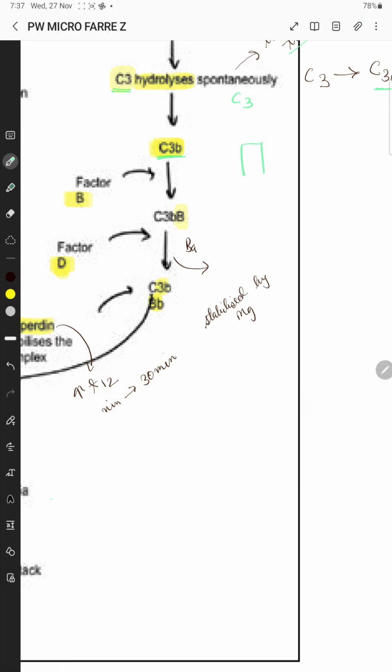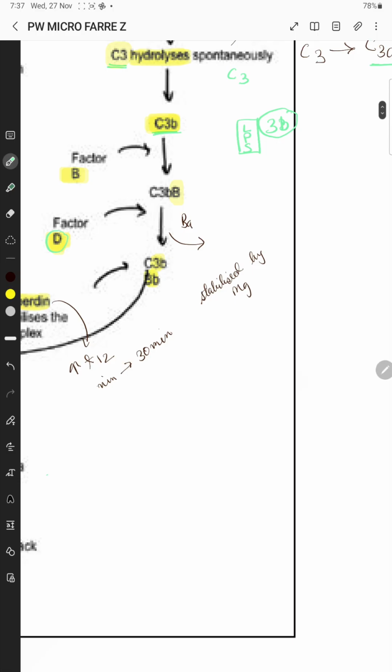So suppose the trigger is lipopolysaccharide. C3B binds to it. There is a factor D and a factor B. In the presence of factor D, factor B will change to BA and BB.